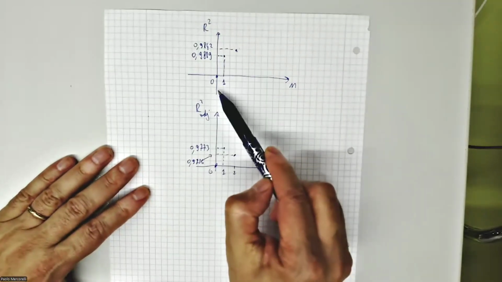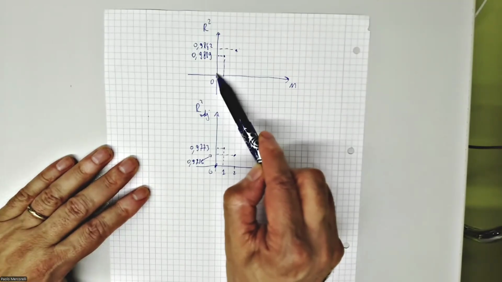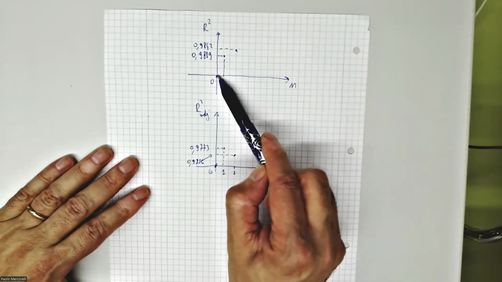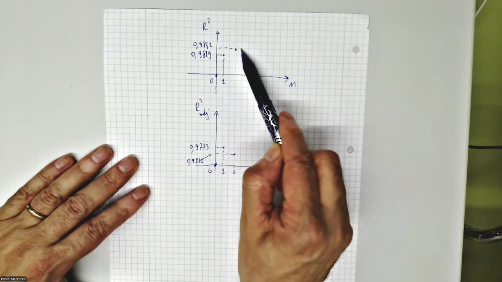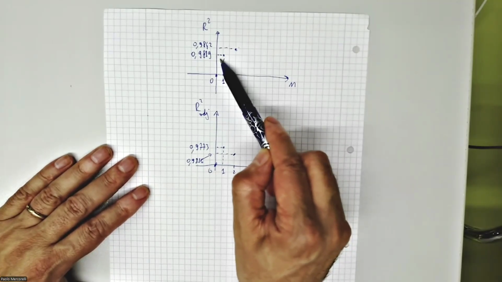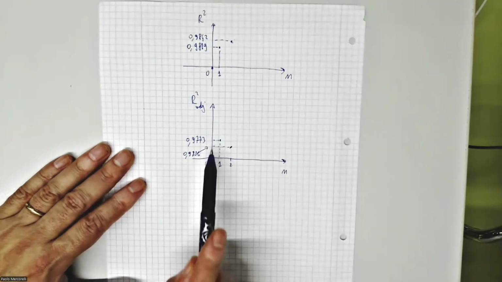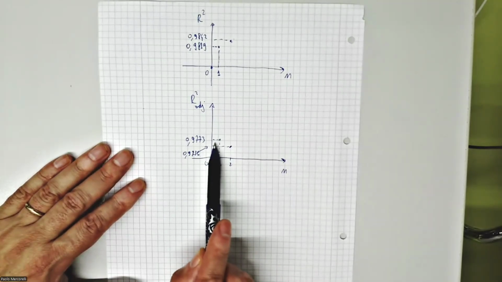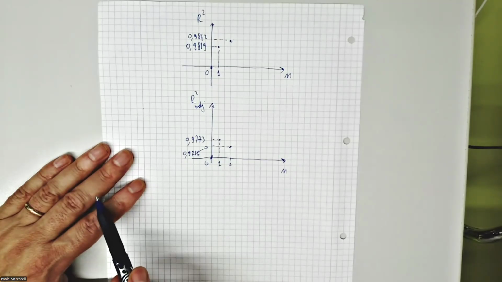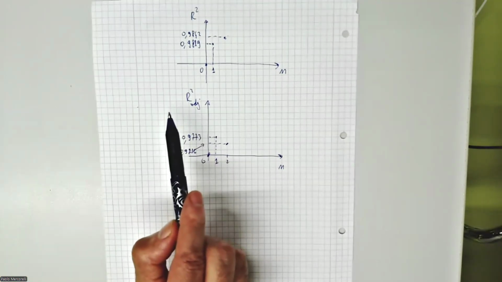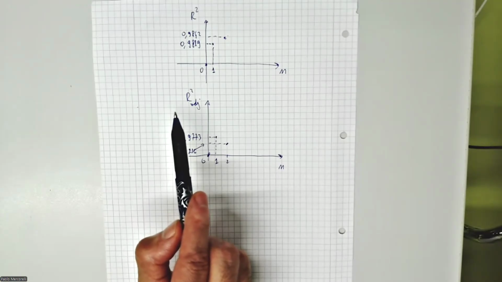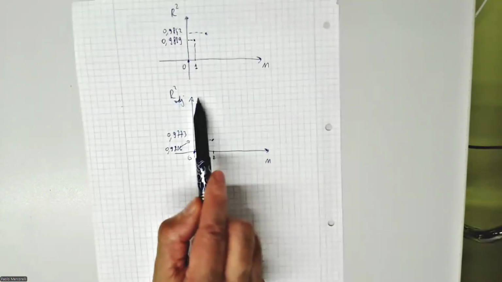We can see that R squared is increasing, but R squared adjusted is decreasing. This R squared adjusted represents a min-min, you remember in the theory. This is our goal, to minimize this.